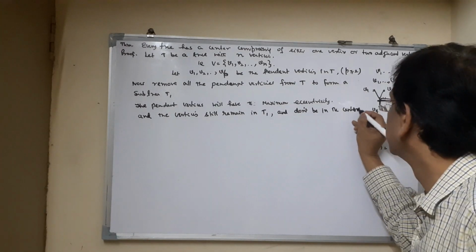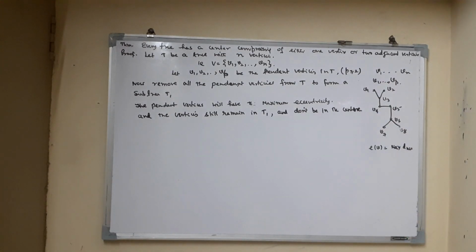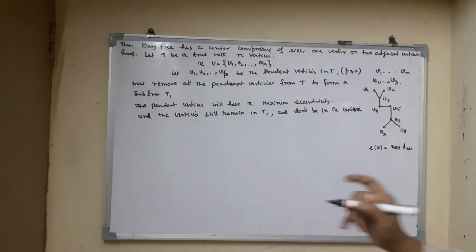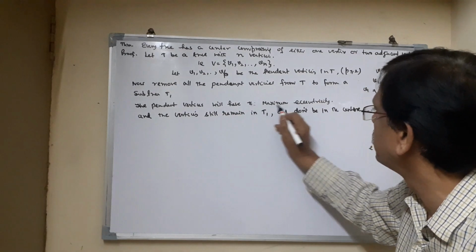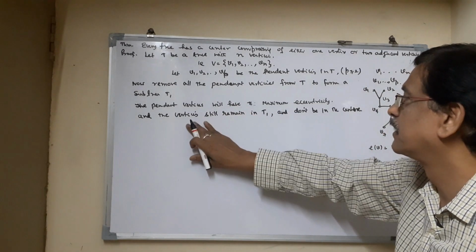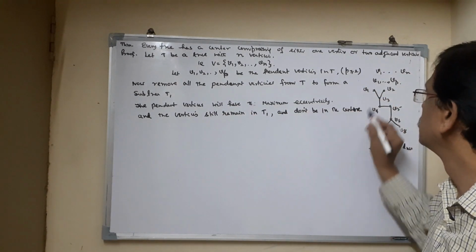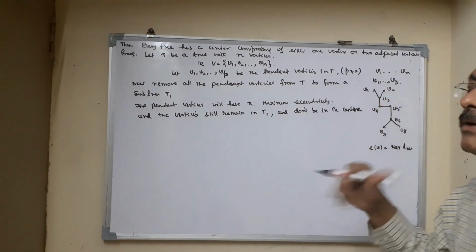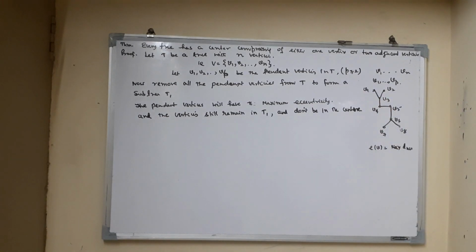Look carefully: the pendant vertices will have the maximum eccentricity, and the vertices that still remain in T1, because T1 means I am removing the vertices, they don't belong to the center.